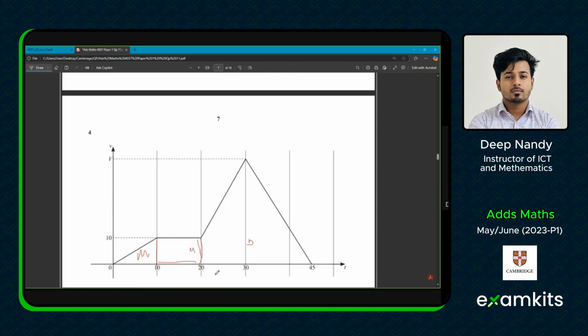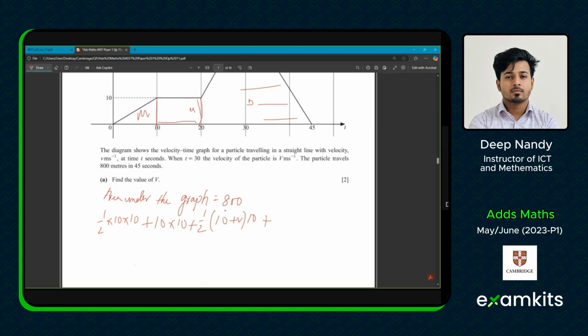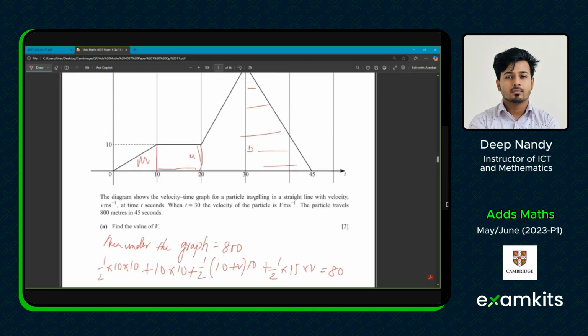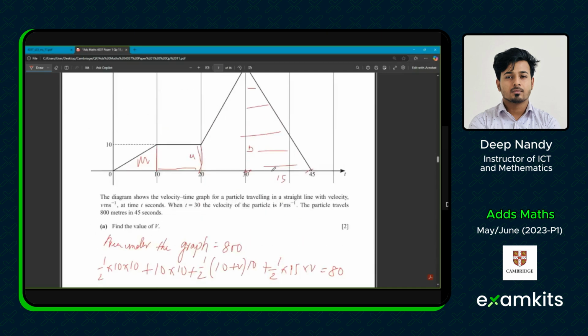plus the area of this part, half into 15 into v, equals 800. The 15 is from the distance of 30 to 45, and the height is given as v, as we don't know this value. So half into base into height.